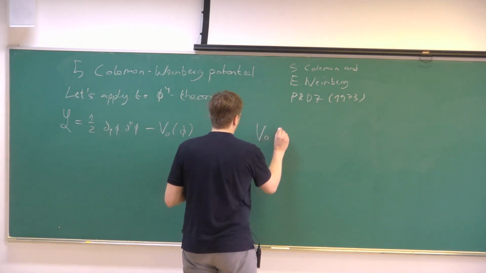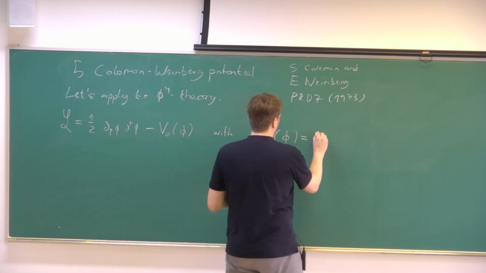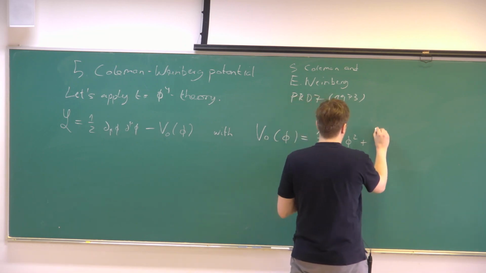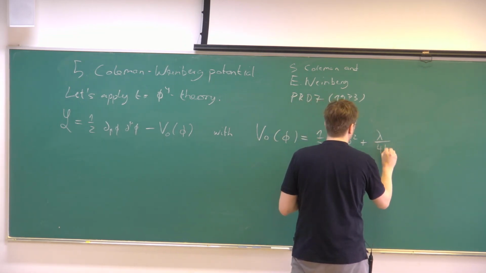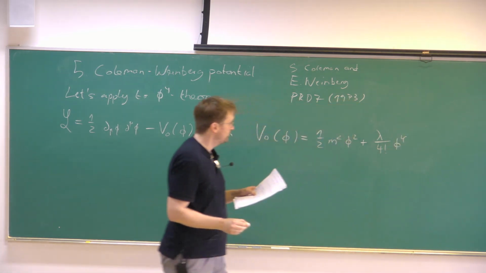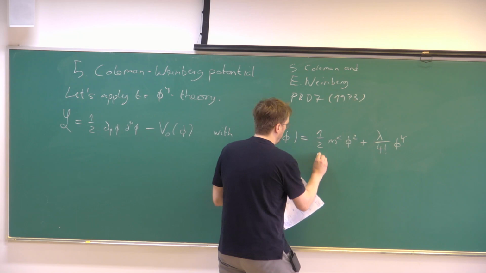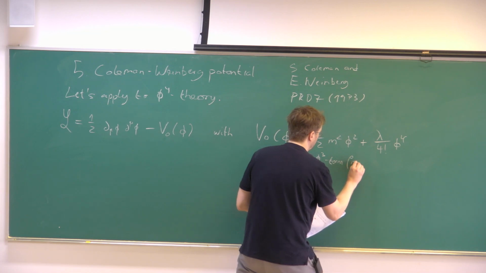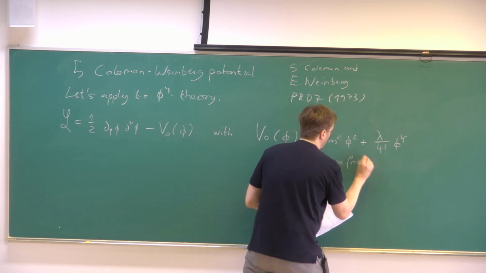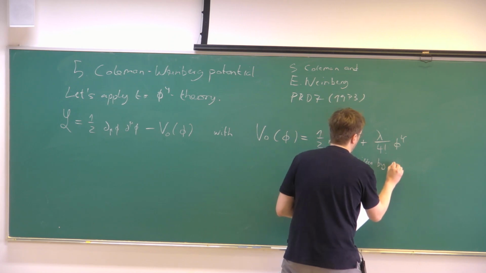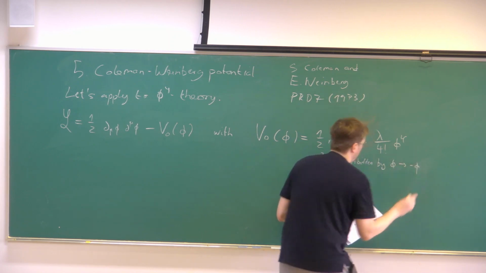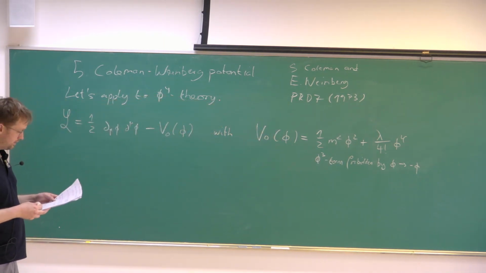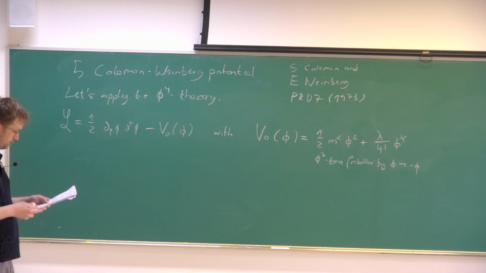V0 of phi has a mass term and a quartic coupling. And we've forbidden the phi cubed term by a Z2 symmetry: requiring that there's a symmetry under which phi goes to minus itself forbids a phi cubed term, for simplicity.